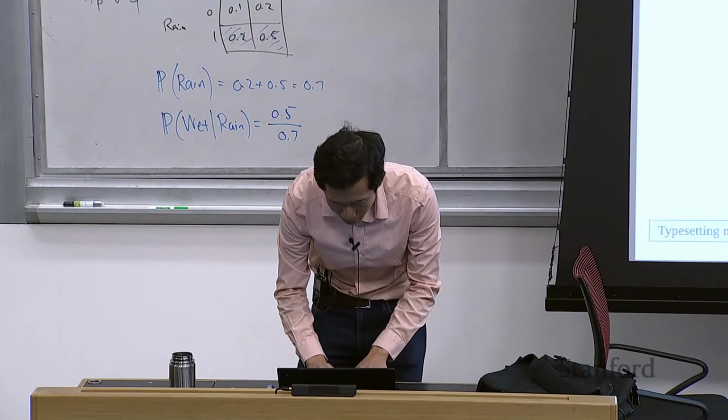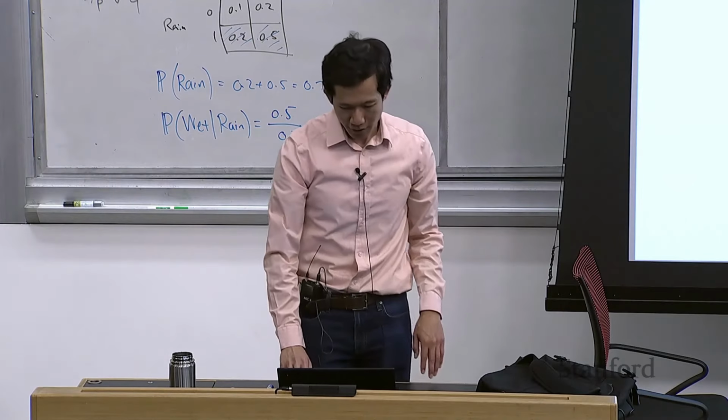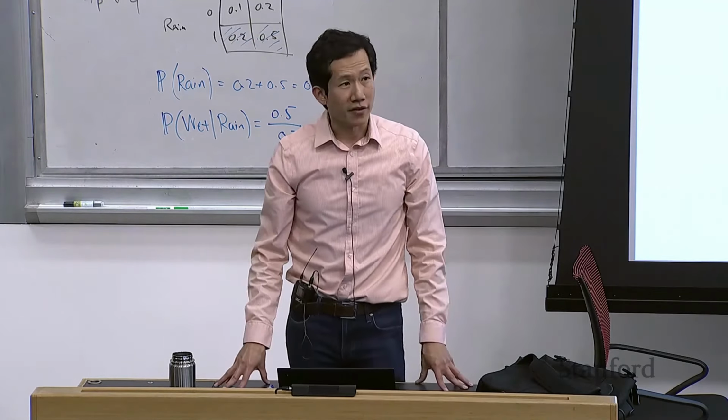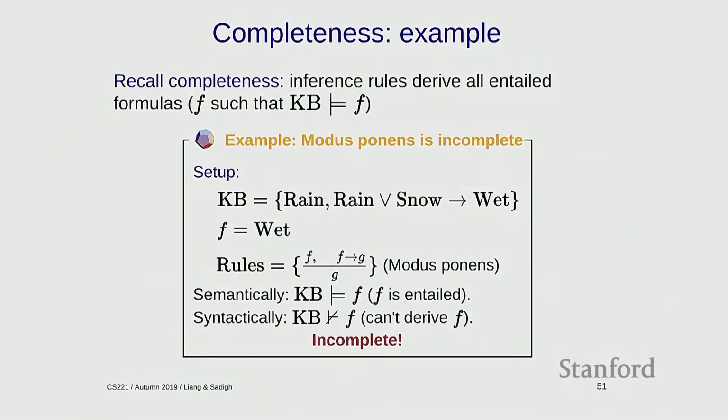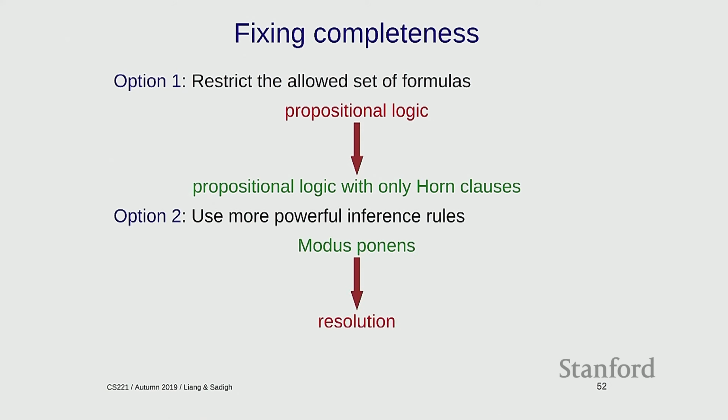Okay, so modus ponens is sound, but it's not complete. There are two things we can do about this. We can either say propositional logic is too fancy, and restrict it so that modus ponens becomes complete with respect to a restricted set of formulas, or we can use more powerful inference rules.